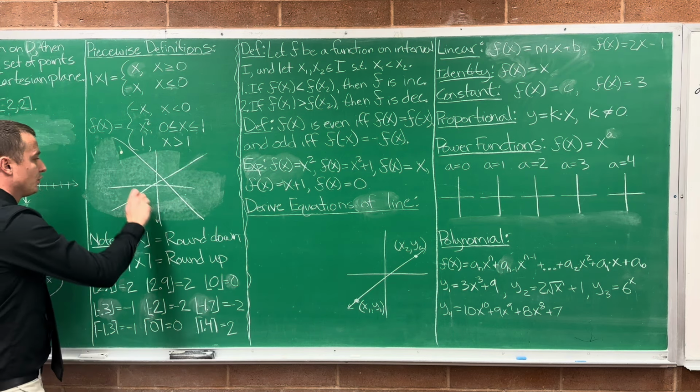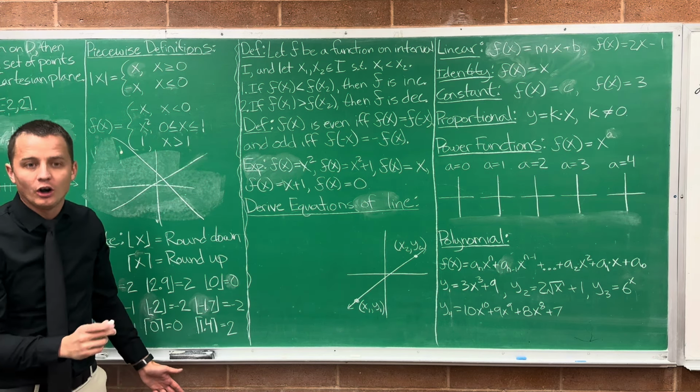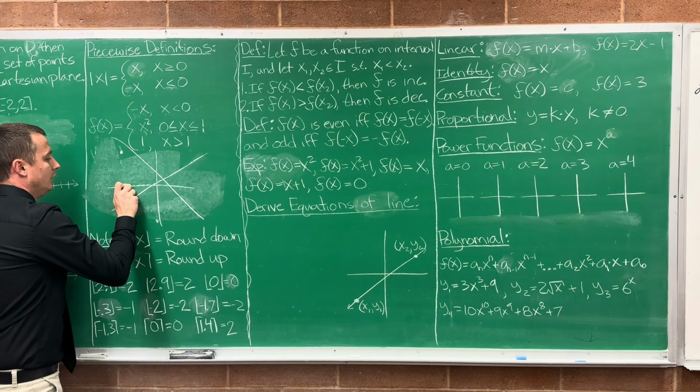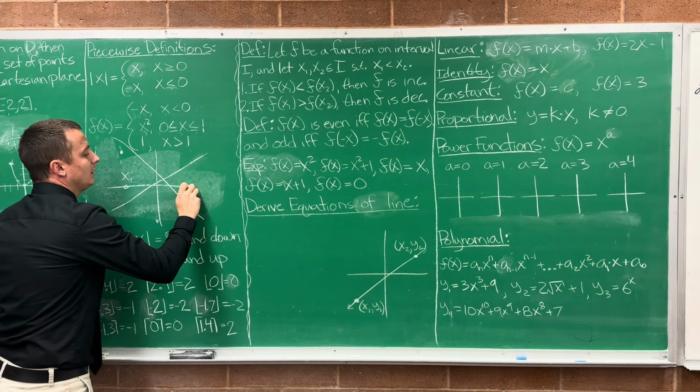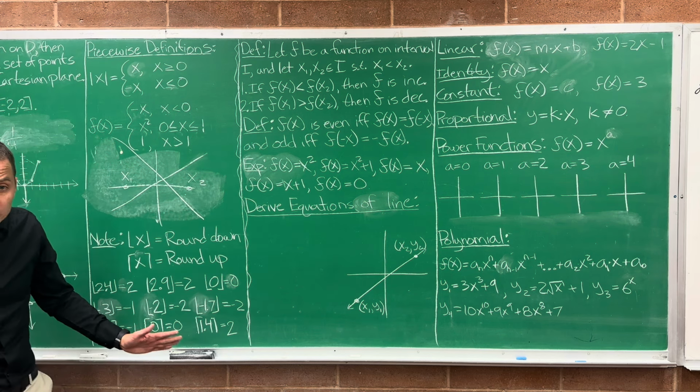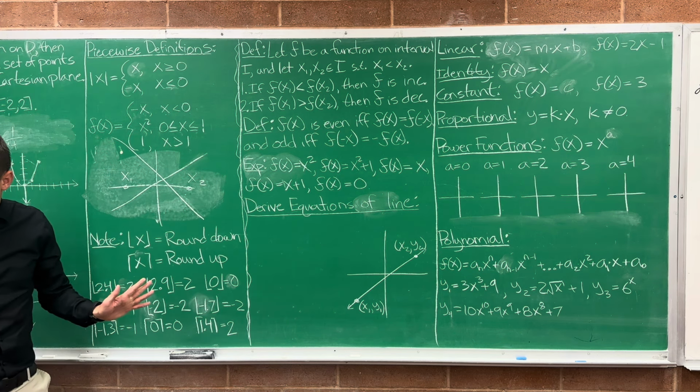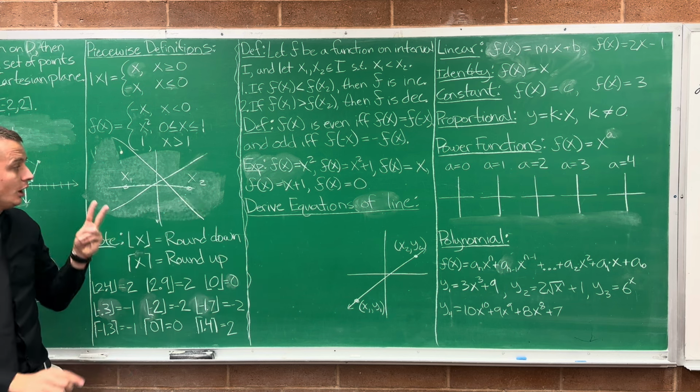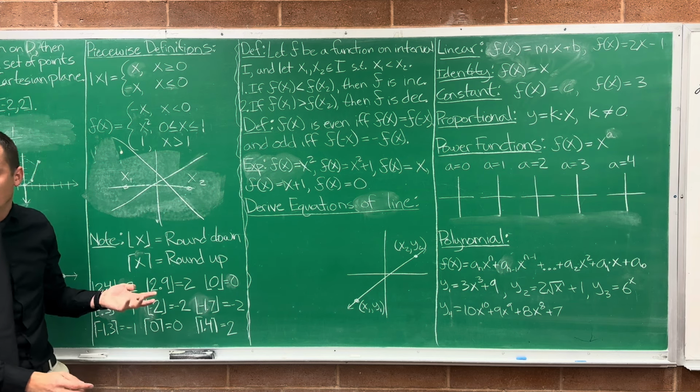Here's what we're going to say. Pick 2 points in your domain, call them x1 and x2. Here's x1. Here's x2. Pick them anywhere you want, doesn't matter. The only rule is make sure x2 comes after x1. So pick 2 numbers out of the domain, whichever one's smaller, call x1, and call the bigger one x2.